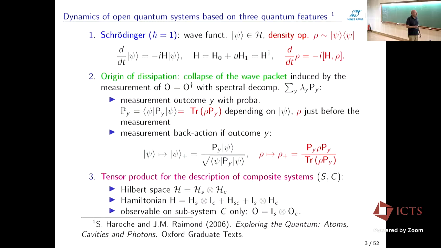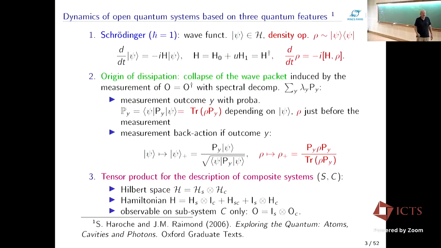To get some information, first you have to connect your system to your meter. You have an interaction, which gives you the Schrödinger equation, where you have the free evolution of the system, the free evolution of the meter, and an interaction Hamiltonian.